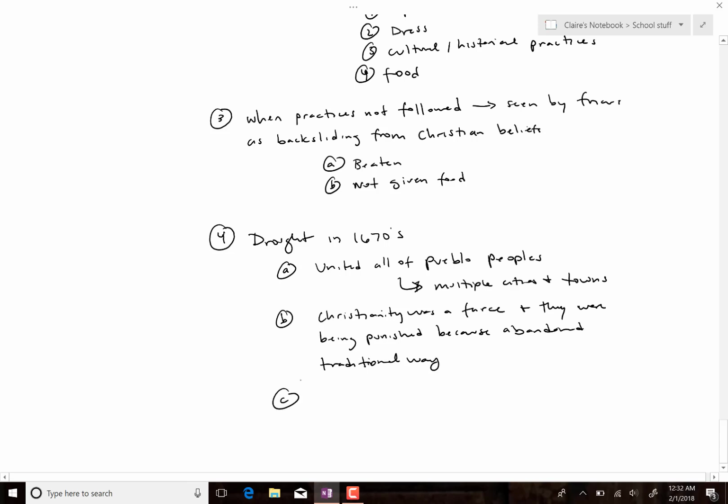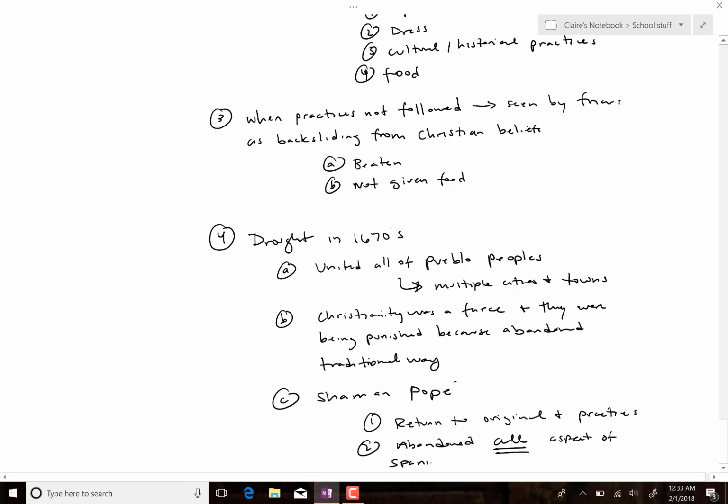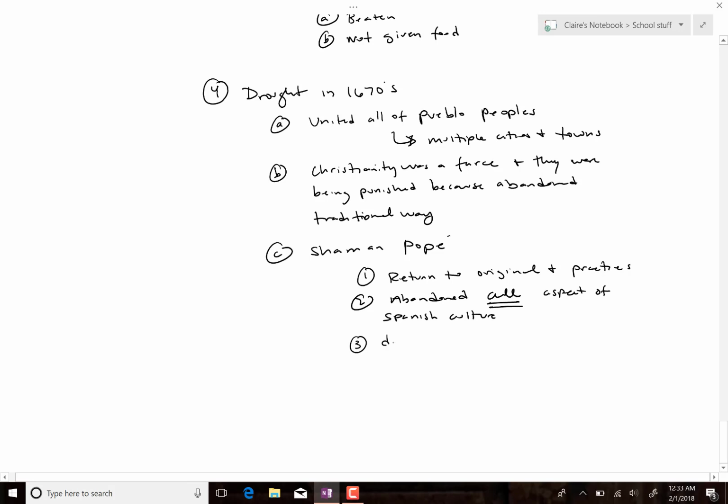The main leader of this was a shaman named Pope, and he led the people, and basically his promise was that if they returned to original beliefs and practices and abandoned every aspect of Spanish culture, then the drought would end.